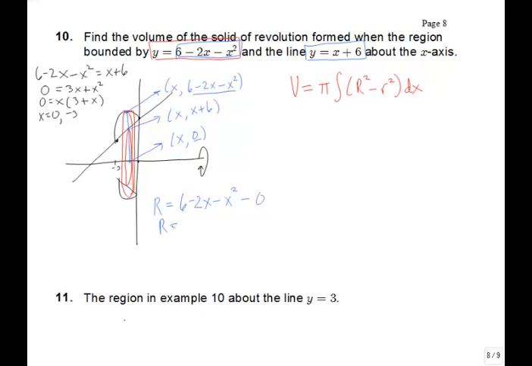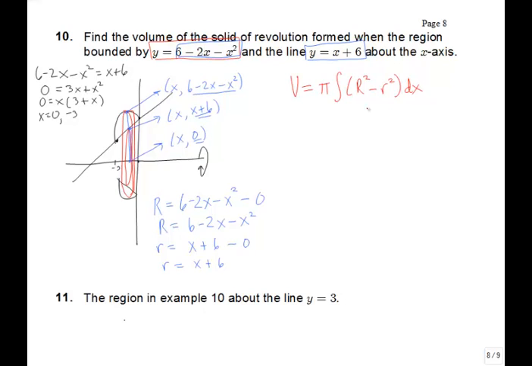So my big R is just going to be 6 minus 2x minus x squared. My little radius is from this inside point down to the center, so that's this y value minus this y value. So x plus 6 minus 0. So my little radius is just x plus 6.